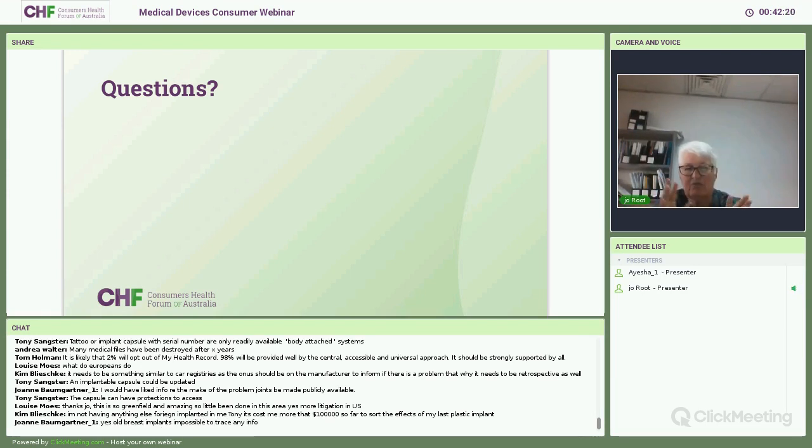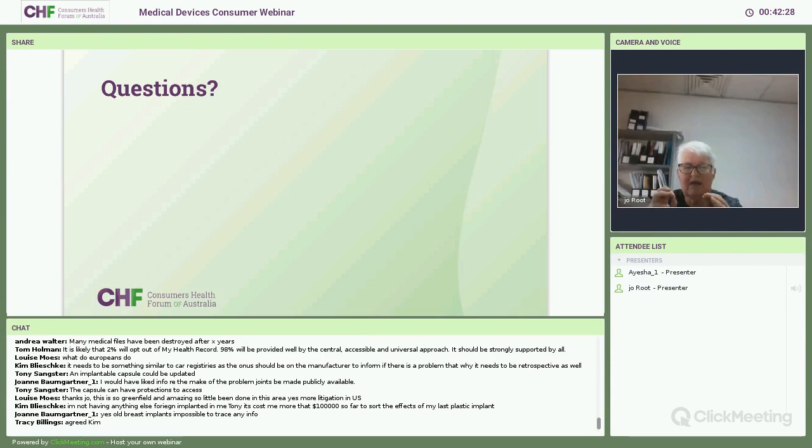So I think this is a first step. I think that's how we're looking at it. That's how CHF is looking at it. This is a first really important step in improving, and it's a health literacy issue, and it's an informed consent issue. That people would have so much better information with the leaflet about what they get, how they get it, hopefully make an informed choice about whether they'll go ahead, and then they get something that says, yes, you agreed, so this is what we put in you.